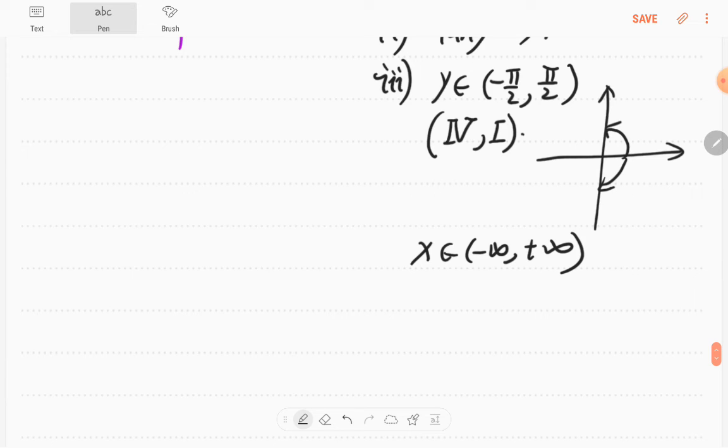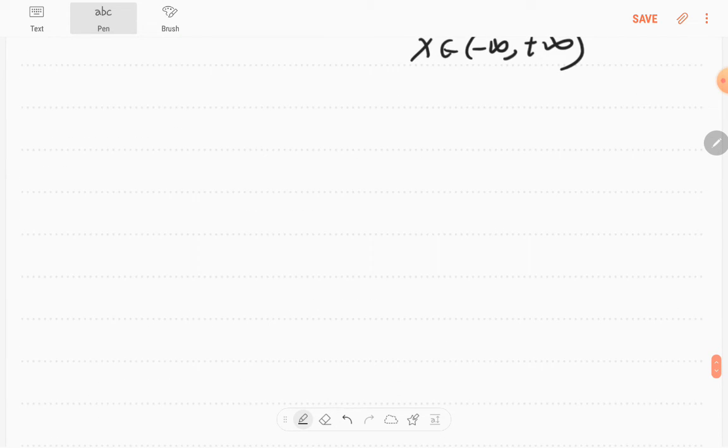Now let's look at this one. Tangent inverse of -1. That means if you take this angle, the tangent of this angle should be equal to -1. So what is this angle? This represents an angle.